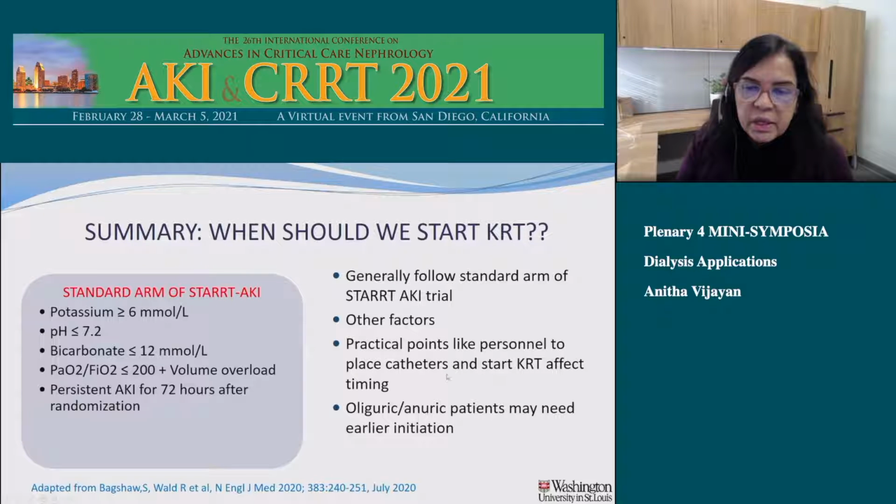These also affect timing. And also we have to keep in mind that there was no subgroup analysis of oliguric or anuric patients. So if your patients are very oliguric and anuric, they may need earlier initiation.